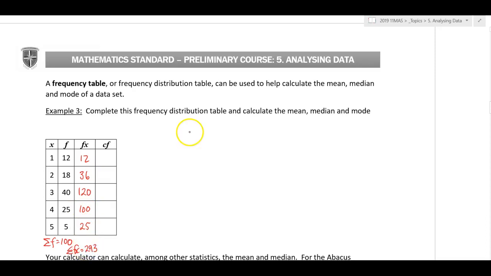Right, and so now I can say that the mean is equal to the sum of the fx, I'm going to say, divided by the sum of the frequency. Okay, because really that's the sum of all the scores divided by the number of scores, which equals 293, I hope, divided by 100 equals 2.93.